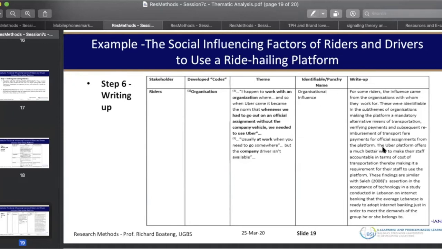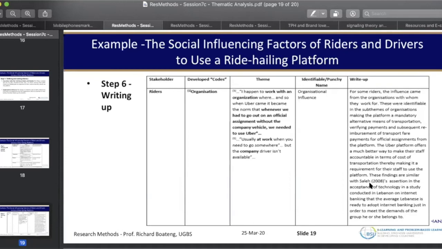Then it goes on to say the Uber platform offers a much better way to make their staff accountable in terms of cost of transportation, thereby making it a requirement for their staff to use the platform. These findings are similar. Now discussion has started. This was analysis. The first part was analysis. Now look at discussion.